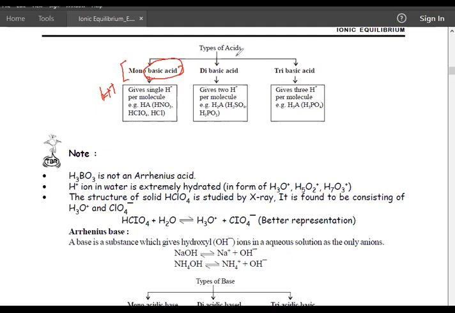Now this H plus which is released is called exchangeable hydrogen.